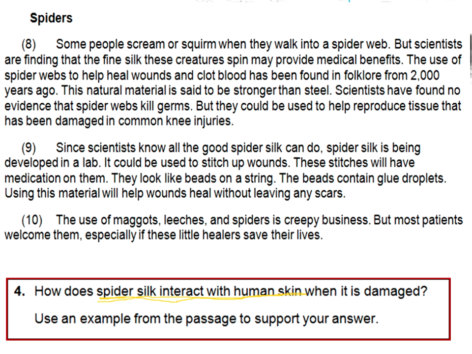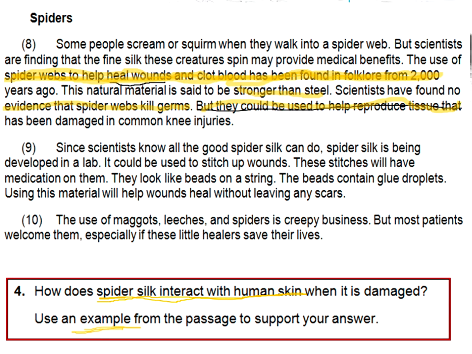This is what we're looking for. Students need to share an example from the passage to support their answer. So go ahead and take a minute and highlight anything you see in this reading that would support that answer. I'll read out loud because I know I'm visual and I have to see it and read it at the same time.